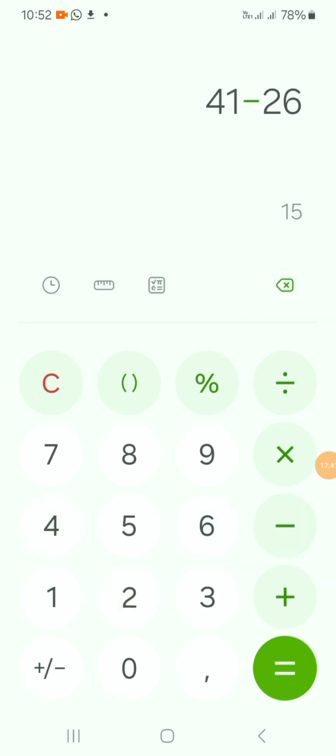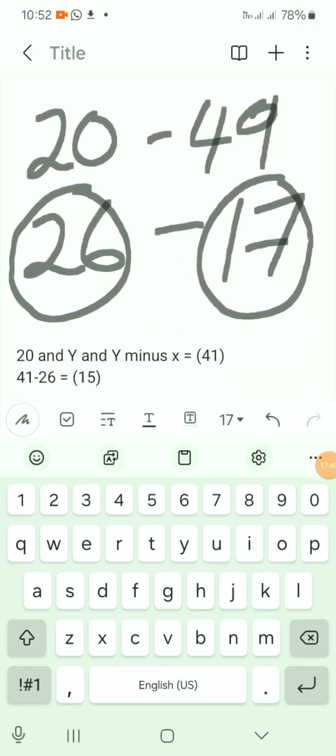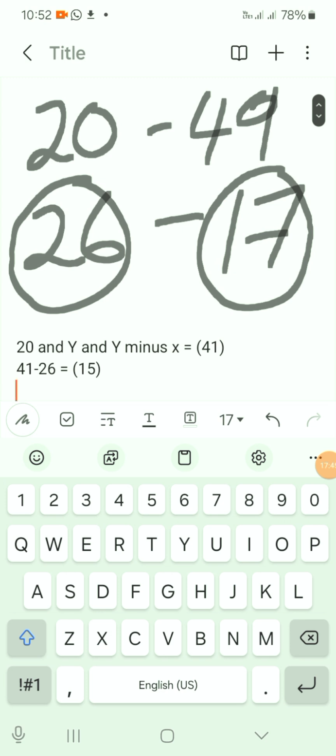41 minus 26 is indeed 15, right? Now we come back again. We come back for 49.